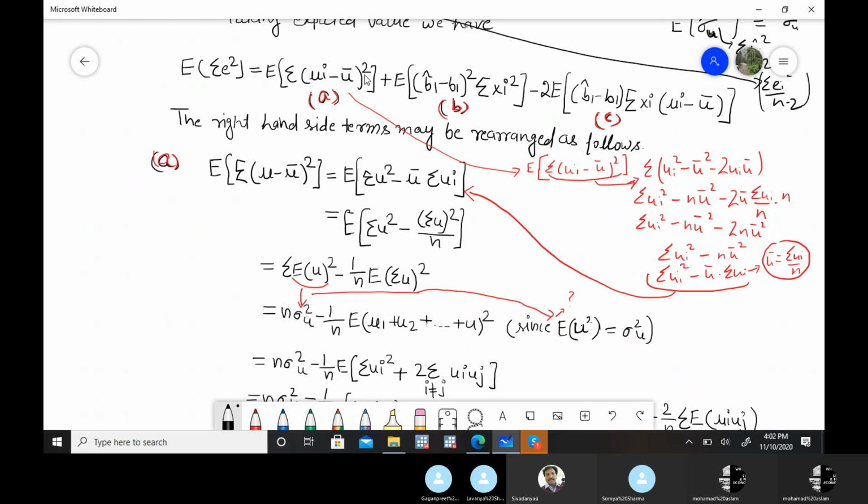Just open this square, a square, but it's a plus sign. It's not minus, otherwise it will not cancel out. A square plus b square minus 2ab.